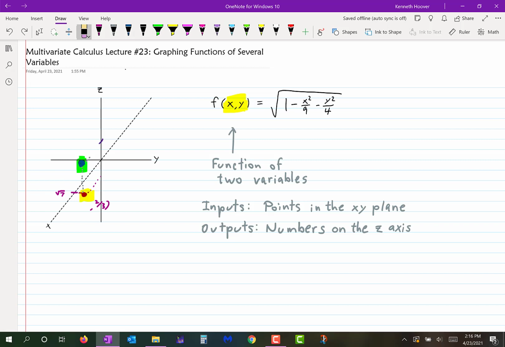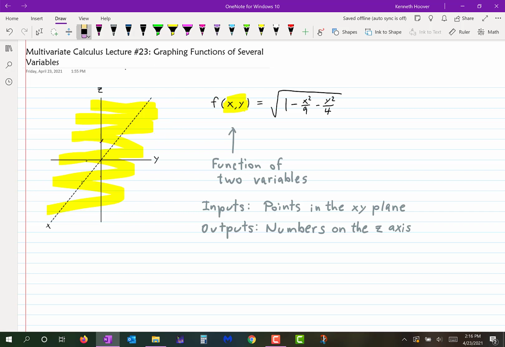Isn't it true that the domain would be an area in the xy plane? If the inputs are points in the xy plane, then the domain consists of points in the xy plane. So in other words, the domain is going to be some area in the xy plane here.